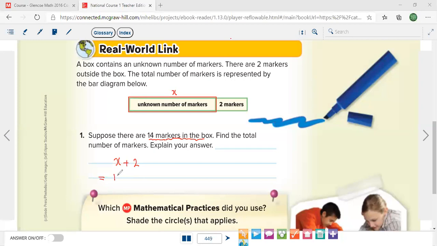So this will be 14 plus 2, which means 16 markers. So this is what it is all about. At first, we don't know what x is. Then we give you the value of x for you to know how to evaluate.